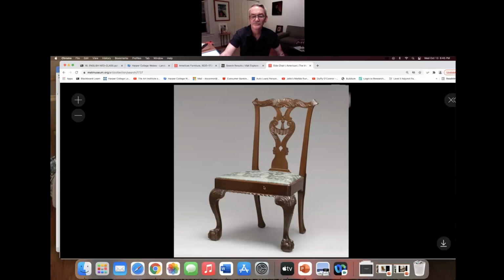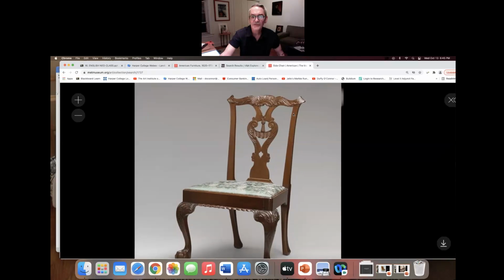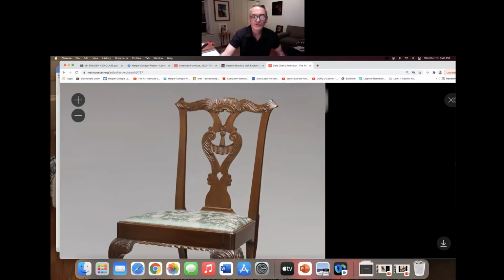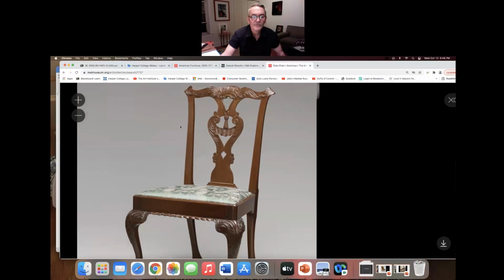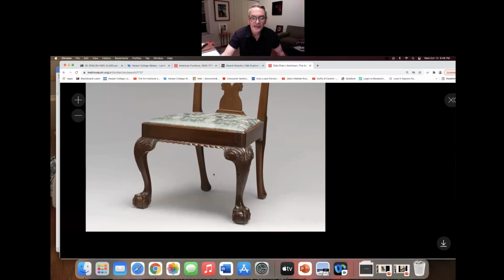Chippendale furniture had what is called ears, these little flourishes where this curves out at the upper corner of the back. There's much more elaborate carving, and even the splat is perforated in several places. So they do get more elaborate, and Chippendale really loved that ball and claw.